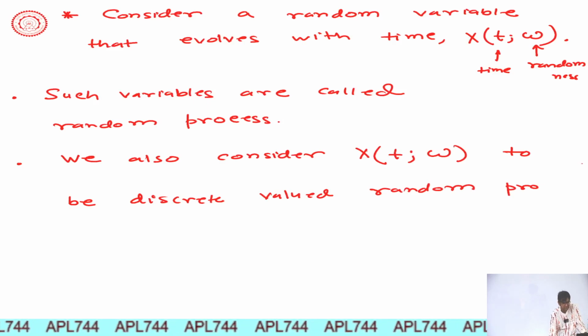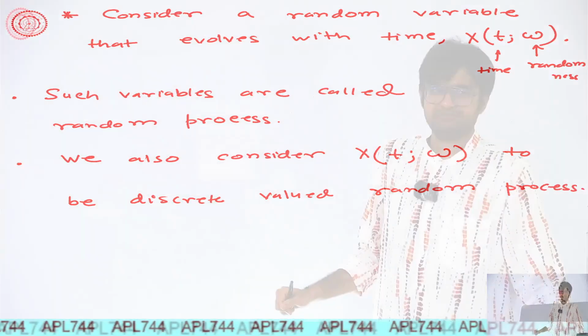Now what does it mean? Can someone tell me what does it mean, discrete valued random process? The random variable is discrete, but it's changing with time. Time is continuous, right? So at each time, you will get a discrete output.